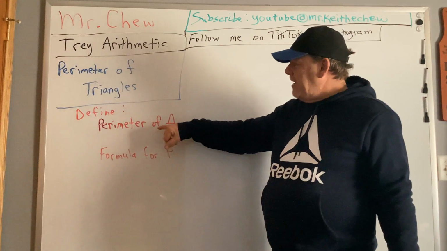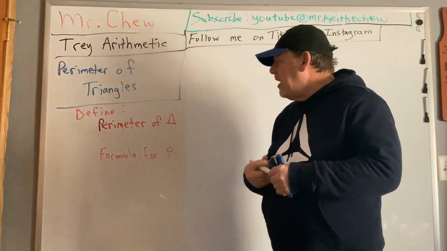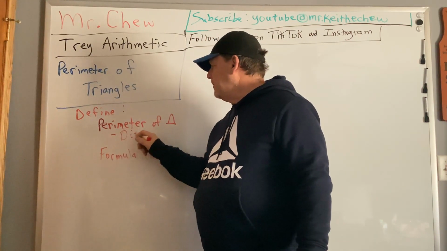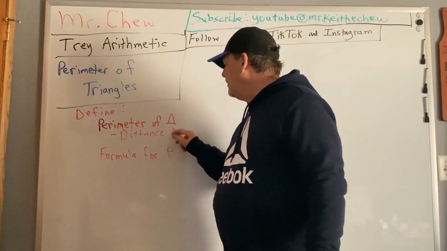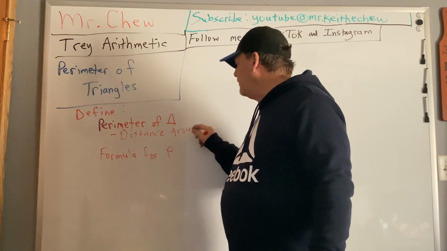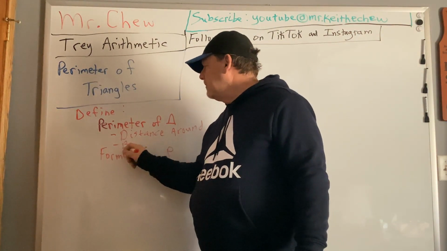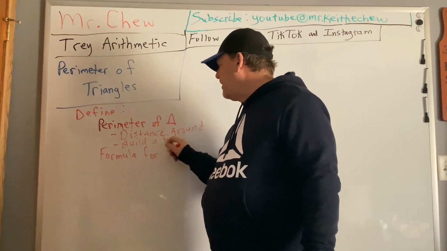So when we define the perimeter of a triangle, the perimeter of a triangle is just the distance around. This would be like if you're building a fence. That would be perimeter.